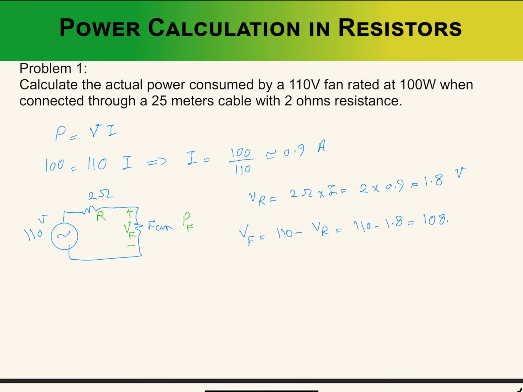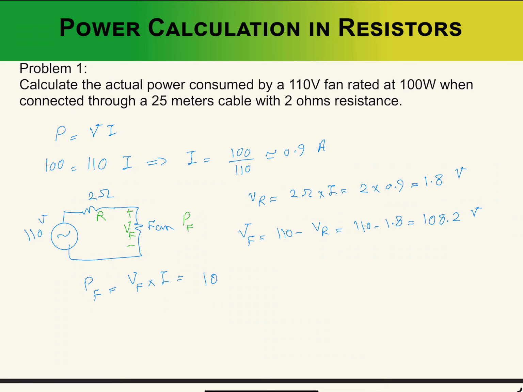108.2 volts. Now that we have the voltage drop across the fan, we can find the power consumed by the fan. So power of the fan is essentially VF times I. And I is the same as we started our discussion with before, the ideal current passing through the fan.